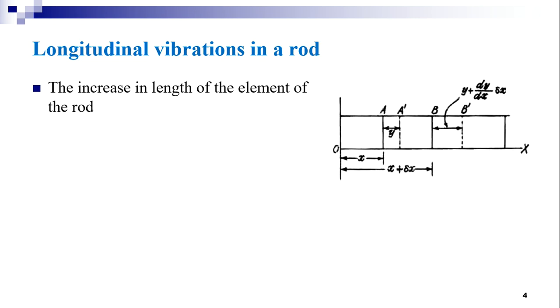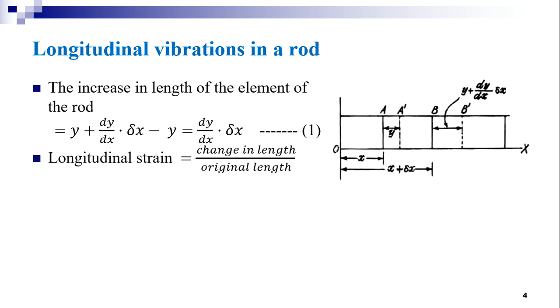Now, as the vertical planes displace, there will be increase in length of the element of the rod. The increase in length of the element AB of the rod can be given by y plus dy by dx into delta x minus y, that is equal to dy by dx into delta x.